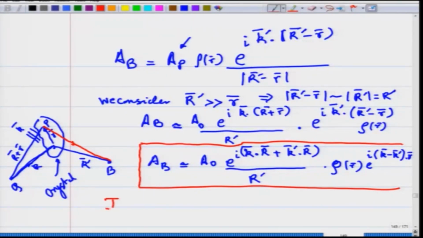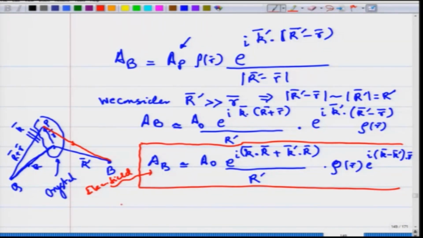Now we can find the intensity. This is nothing else but the electric field of the outgoing wave. The intensity at point B is proportional to AB square, okay. And of course, we do not want to look at just this intensity, we would like to find out the net intensity from all such points like P on the crystal, okay.